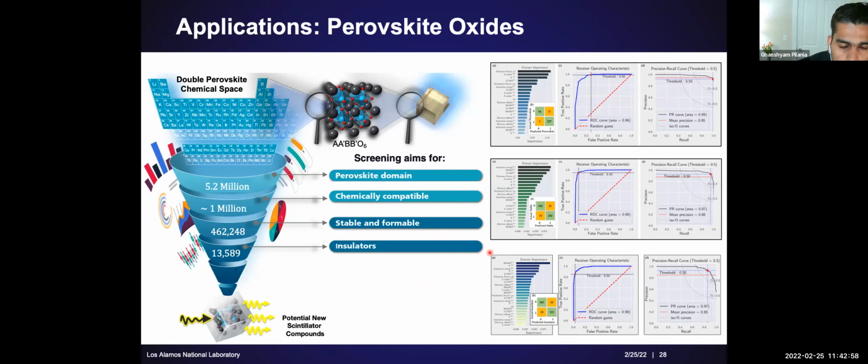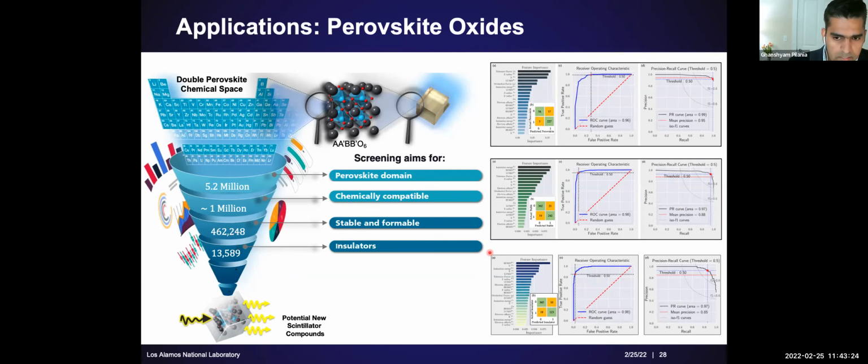The cutoff of 0.5 is arbitrary. In principle, you can actually use any cutoff, but we want to be a little bit conservative. There is a high probability that any compound that has a PBE band gap below 0.5 is not going to be a good scintillator, at least when doped with lanthanide ions as activators.